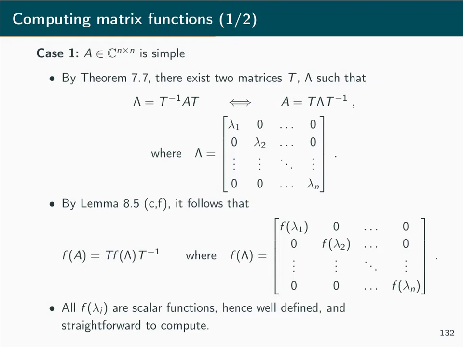Now, since all of these f of lambda i are actually scalar functions and therefore well defined, they are straightforward to compute, and hence it's straightforward to compute f of A by just taking T times this matrix times T inverse.